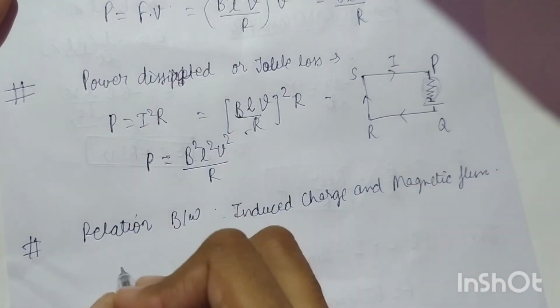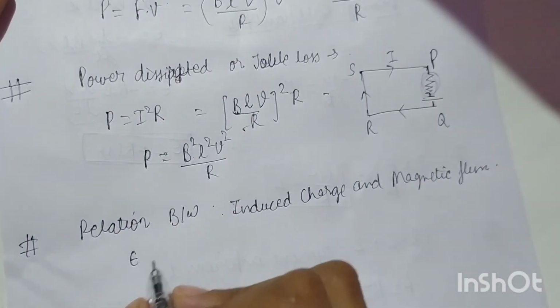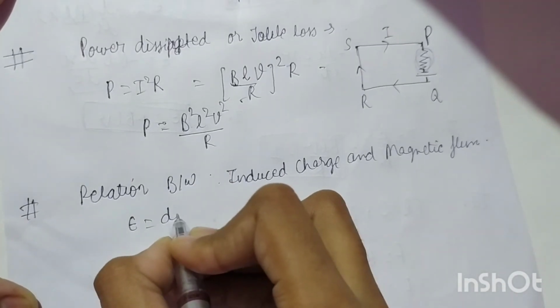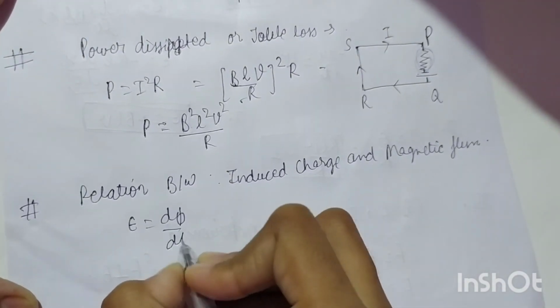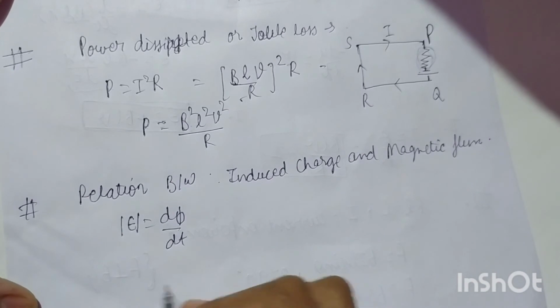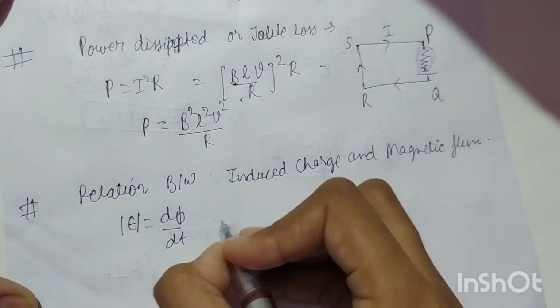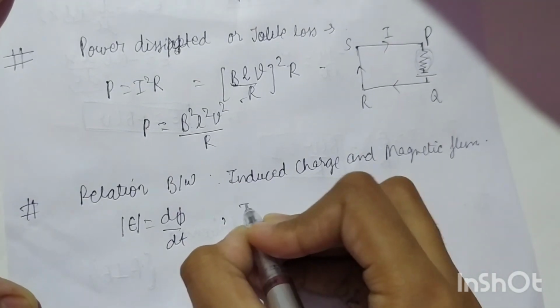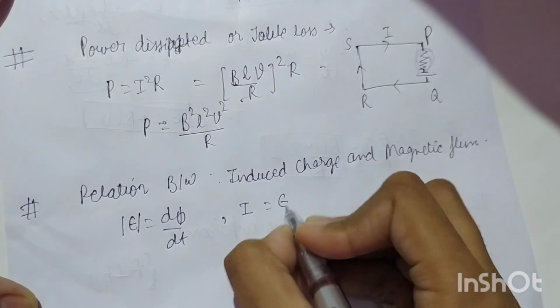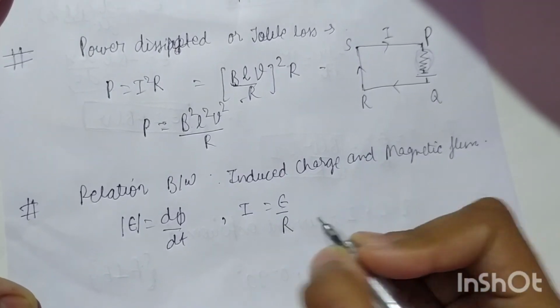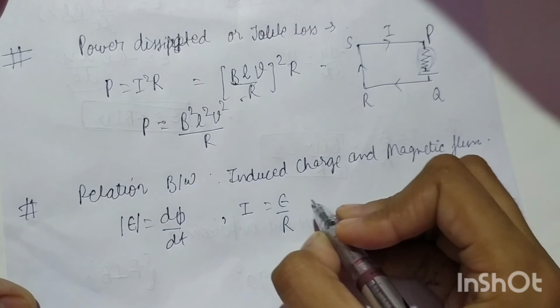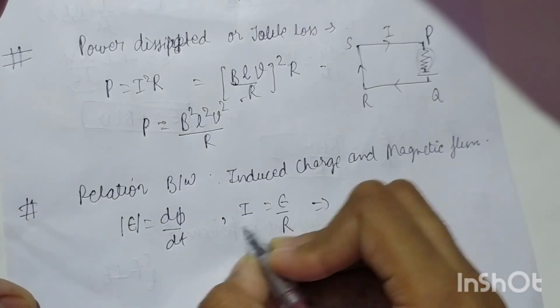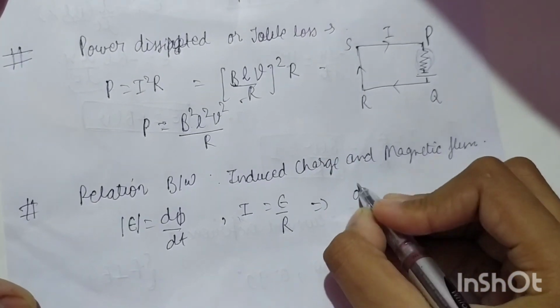We already know the value of EMF is equal to d phi by dt, the magnitude. Now, what is the induced charge? It is equal to EMF by resistance, and from here we can write the current as the rate of flow of charge.